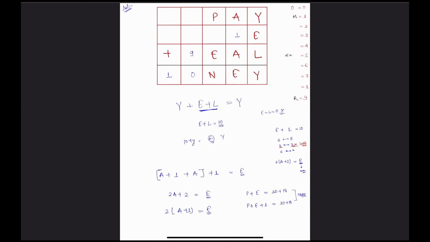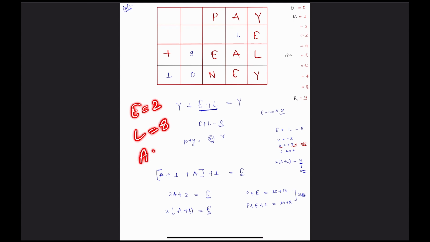If I take N as 8, let's take the value of E as 2, then L will be 8. If E is 2, L equals 8.